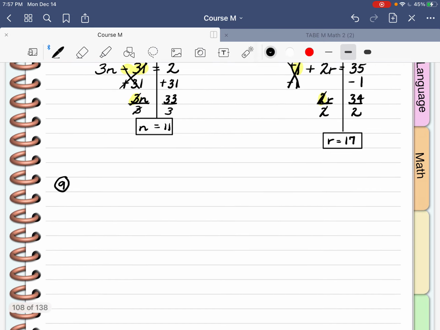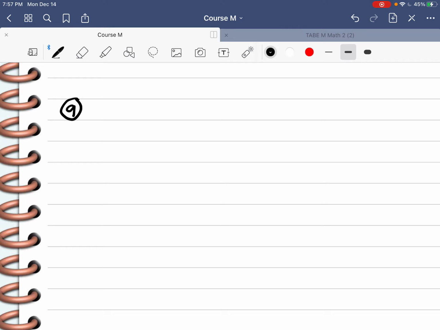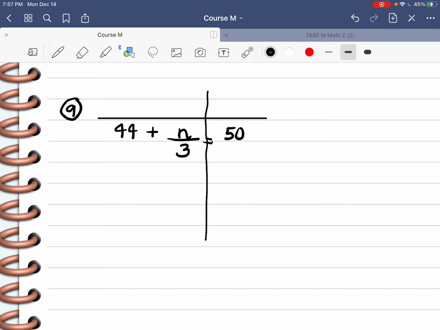Number 9. 44 plus n over 3 equals 50. Power T. Variable and constant.